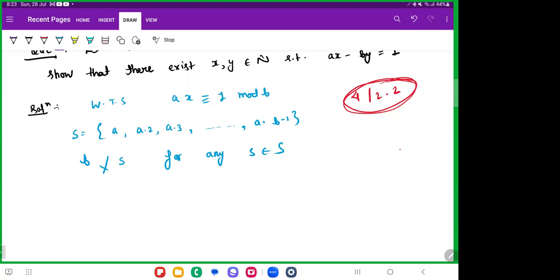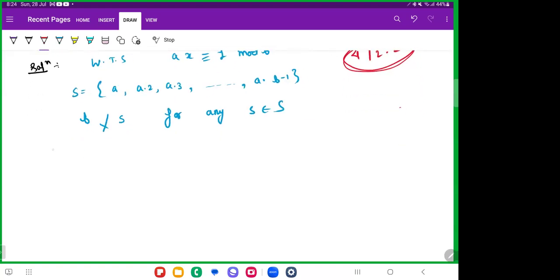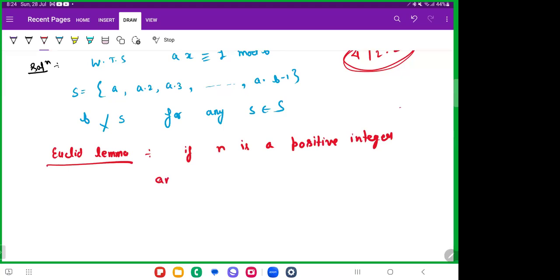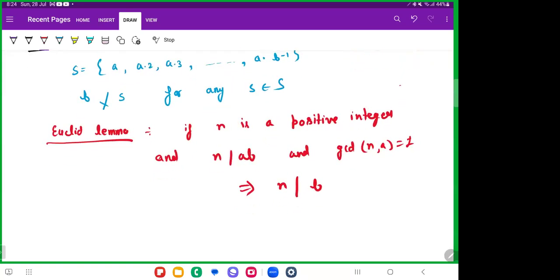What is that? Yes, this is Euclid's lemma. Just I use this here.